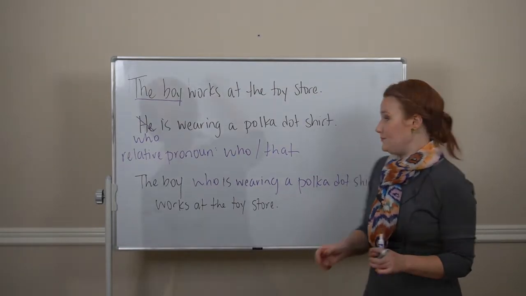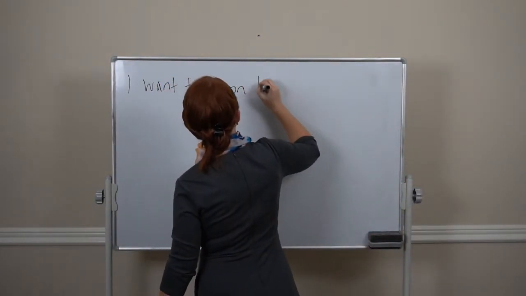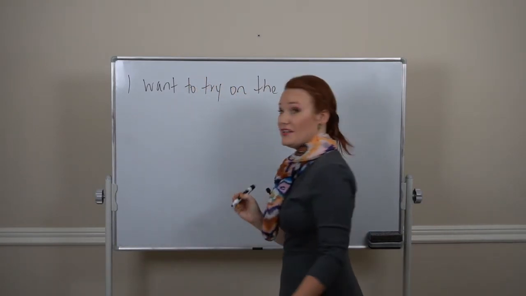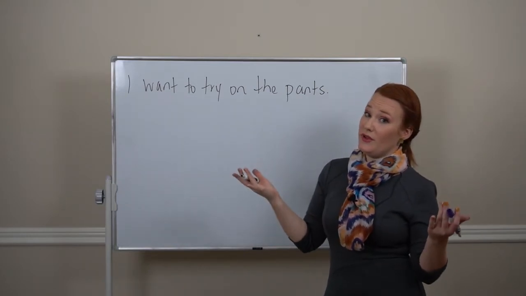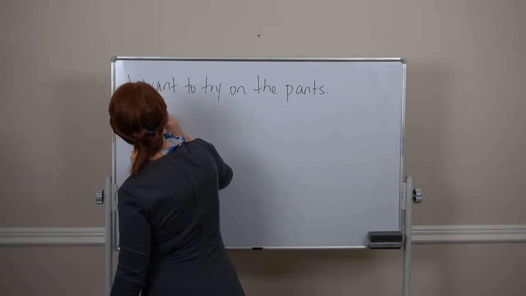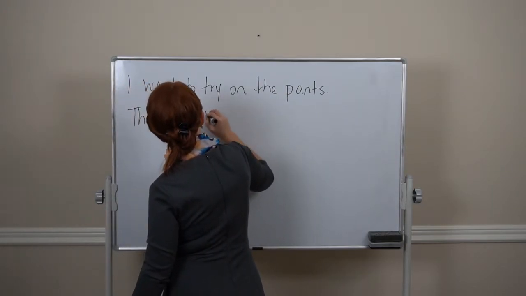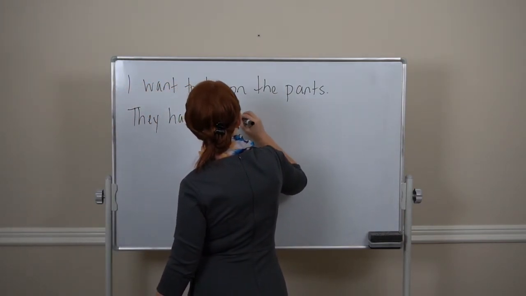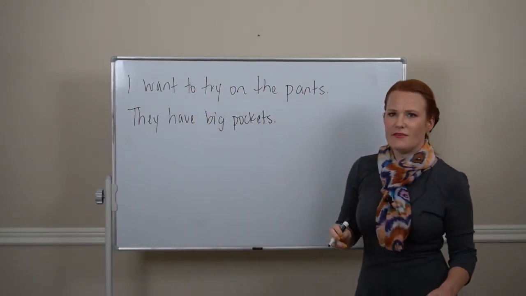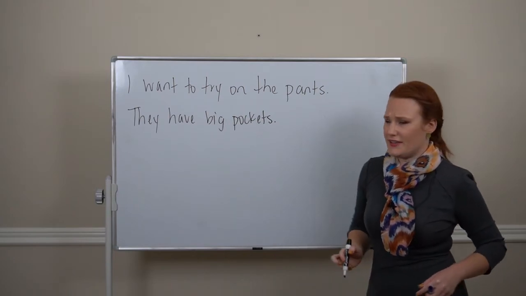So let's try this again. I want to try on the pants. Which pants, you ask? Well, they have big pockets. Very practical. You can fit lots of stuff in there.